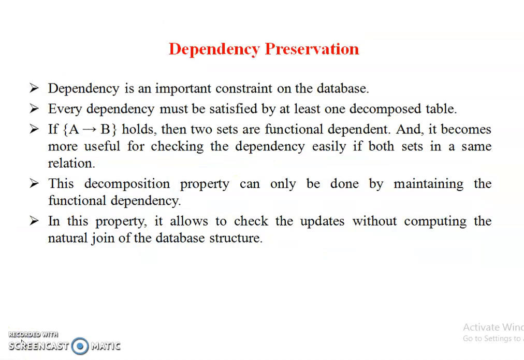Now we discuss the second property, that is the dependency preserving property. In that case, dependency is an important constraint on the database. Every dependency must be satisfied by at least one of the decomposed tables. That means that if A determines B holds in the set of functional dependencies, it becomes more useful for checking the dependency easily if both are in the same relation, and this decomposition property can only be achieved by maintaining the functional dependency.